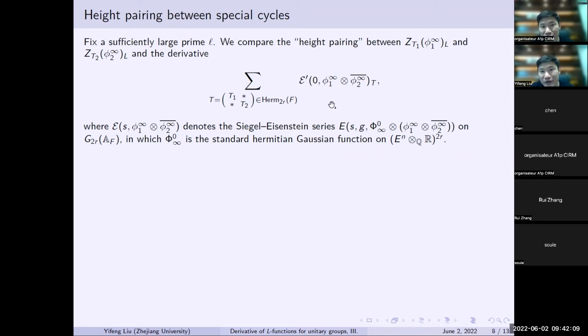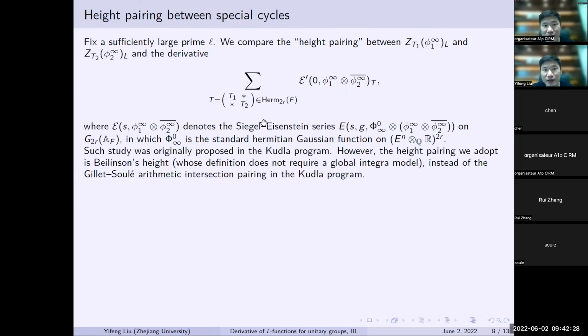And then we take the derivative of these Fourier coefficients at s equals 0, and we sum them over those Hermitian matrices with T_1 and T_2 on the diagonal. So the height pairing should relate to this one. And this is actually originally a part of the Kudla program.